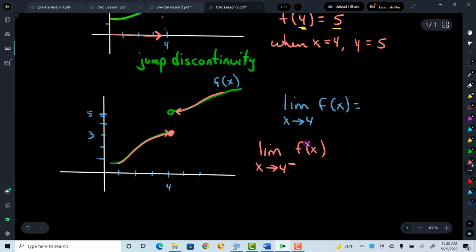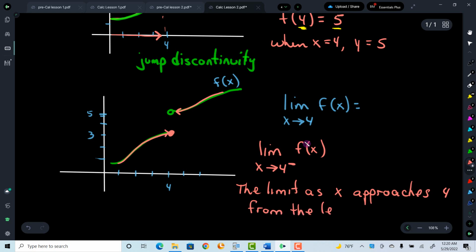This means the limit as x approaches 4 from the left of f of x.